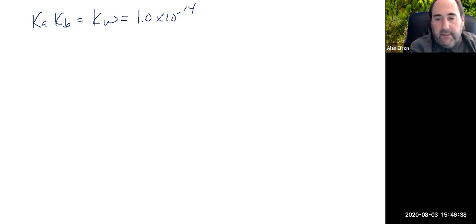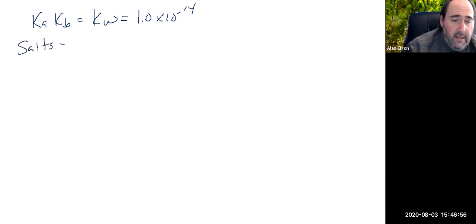We could use this to quickly calculate the Ka value from the Kb and Kb from the Ka value. And this very much occurs with the other topic that we talked about that was really big in this chapter, which was salts and the hydrolysis of salts.